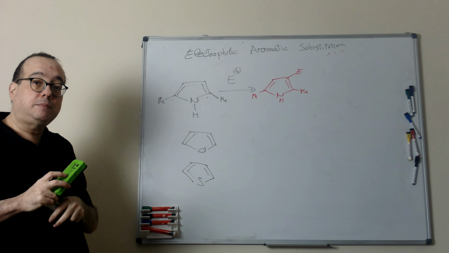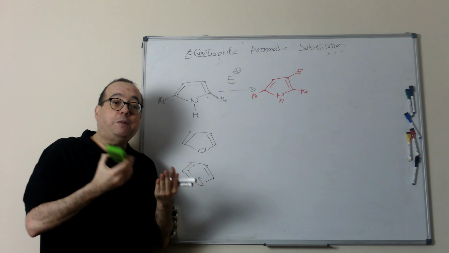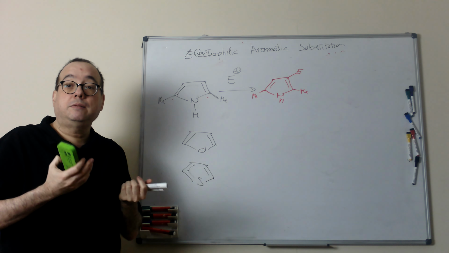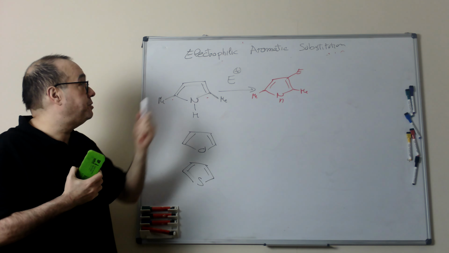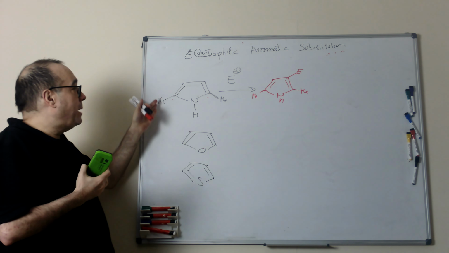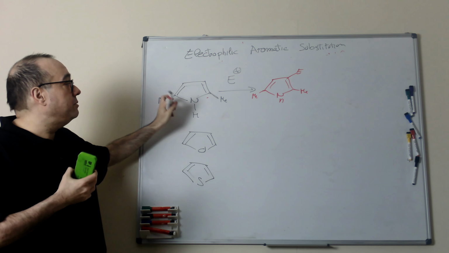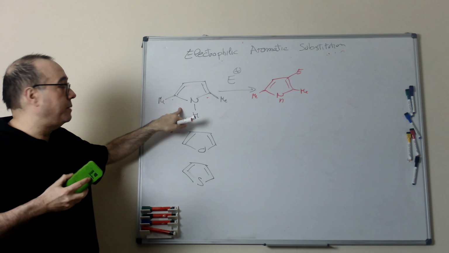Okay? That means if you remember what you did in the electrophilic aromatic substitution with the benzene, basically you know the reactivity of the Pyrrol, only taking into account that the Pyrrol is more reactive than benzene.